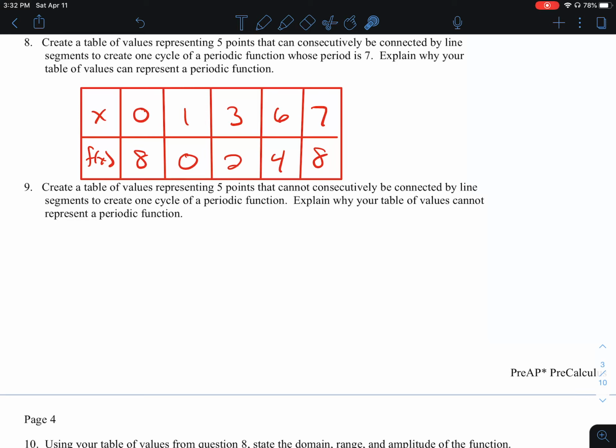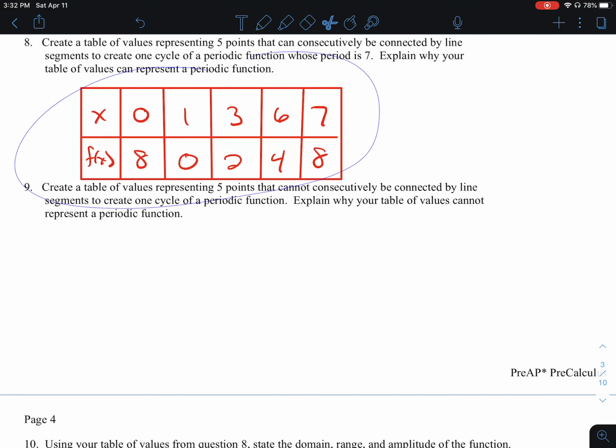Number 9: create a table of values representing 5 points that cannot consecutively be connected by line segments to create one cycle of a periodic function. Explain why your table of values cannot represent a periodic function. All right, so let me draw a table.